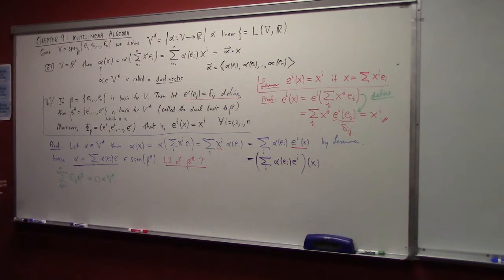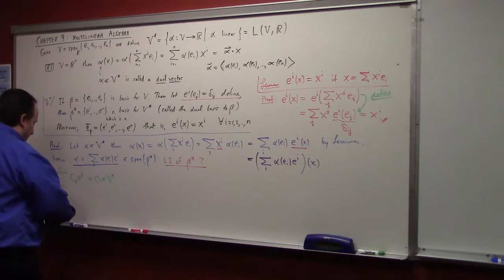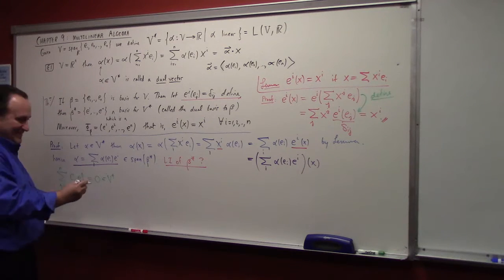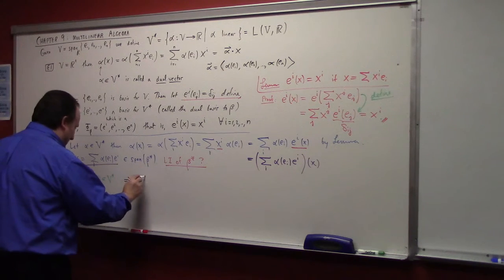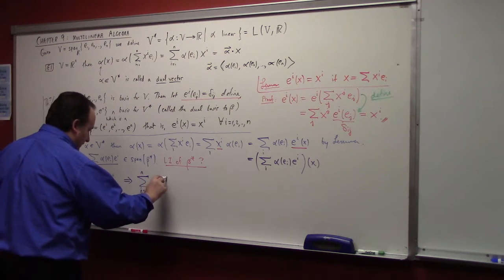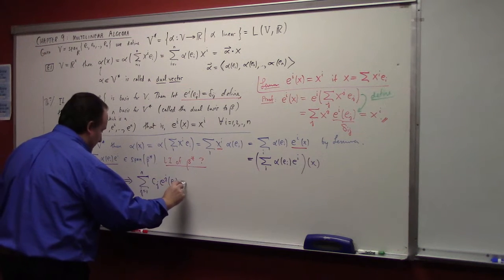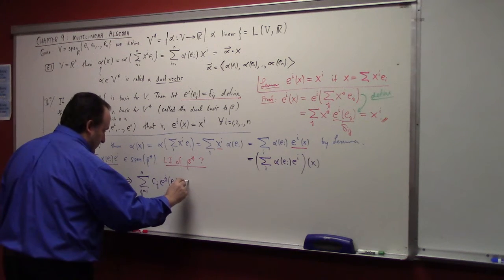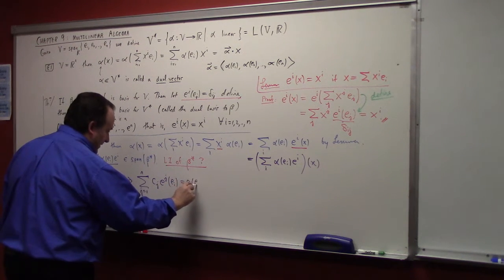This is an operator. We can operate on a vector. May I suggest that we operate on, I don't know, e lower i? So this says that the sum, j equals 1 to n, of c_j e^j of e_i is equal to 0 acting on e_i.